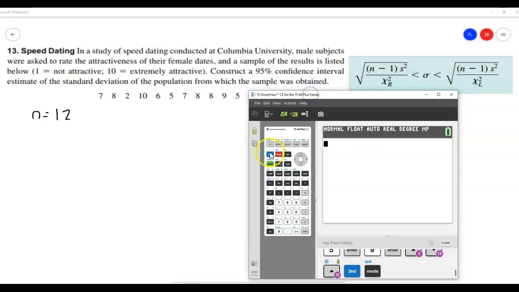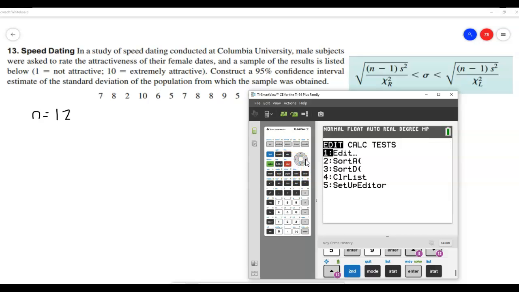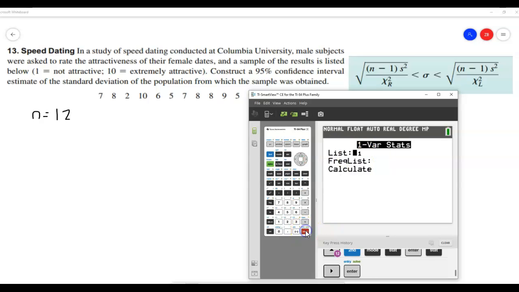So by now, we need to know how to have our calculator find our sample standard deviation for us. In order to do that, we just put it in. So we go to Stat, Edit. I already put it in my L1 list here. And in order to find that sample standard deviation, I go to Stat, Calculate, one variable stats. So enter.